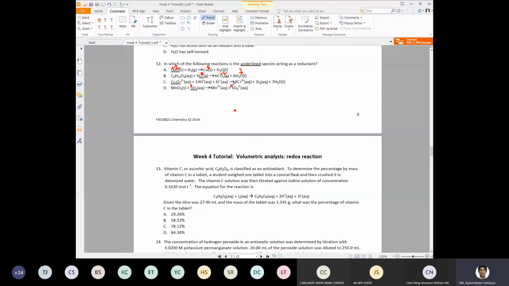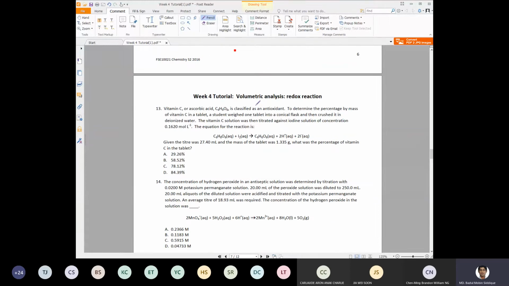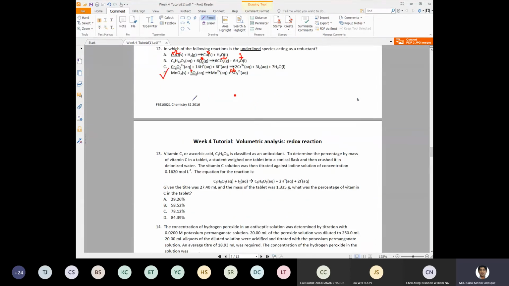It is losing electrons, so oxidation is happening, and it is a reductant itself. So the answer is D.